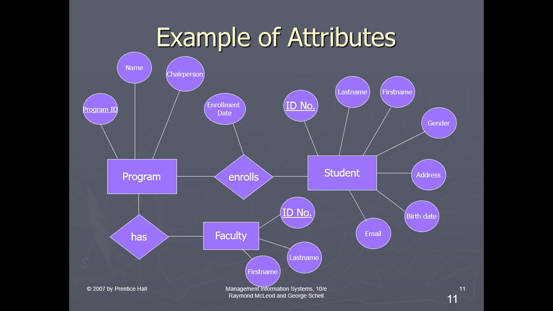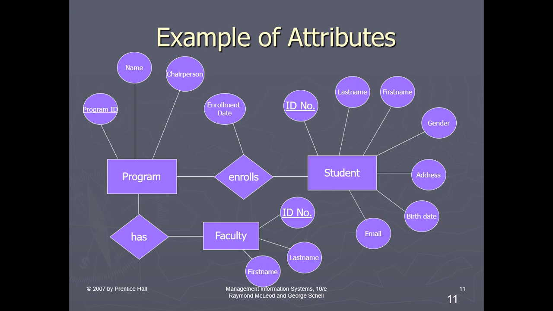Again, this is another example. So this is the example of an entity connected to another entity. So let's say, for example, faculty. Or program has a faculty. So if it's a program like BSIT, it has faculty. Student enrolls program? A program enrolls students. So it can be turned around.